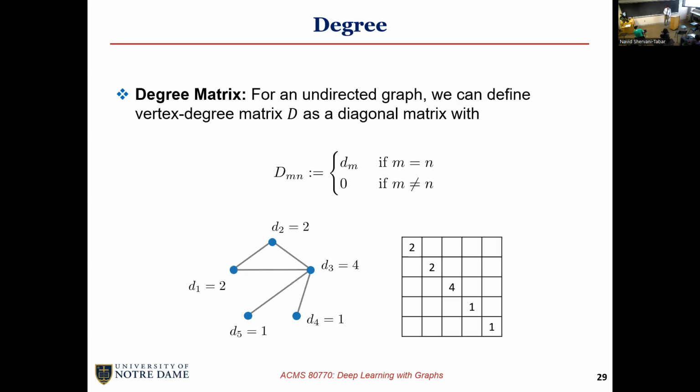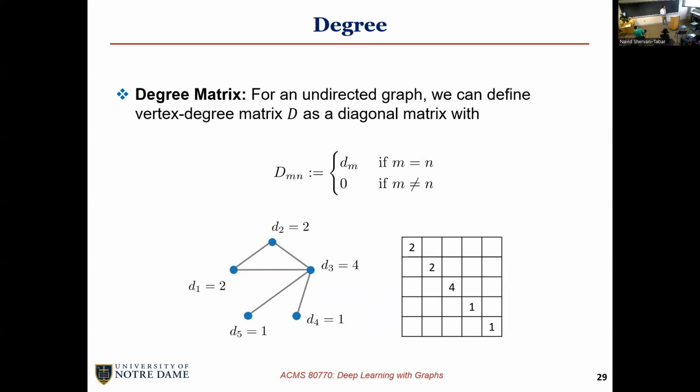Now, degree matrix is another type of representation you can use to represent a graph. For an undirected graph, that's a diagonal matrix whose diagonal elements, for each element corresponding to each node, is just the degree of that node.